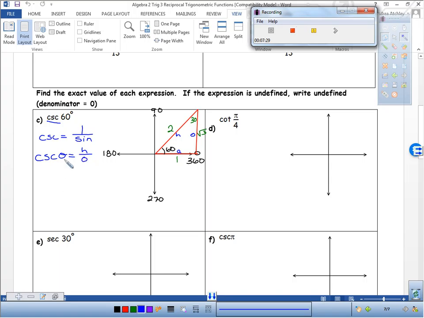Write it all down. So cosecant of 60 degrees equals the hypotenuse, which is 2, over the opposite, which is square root 3.